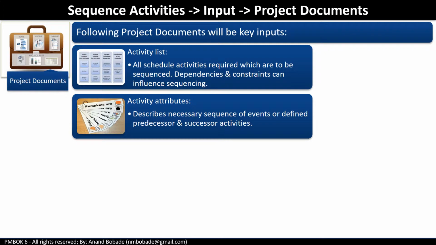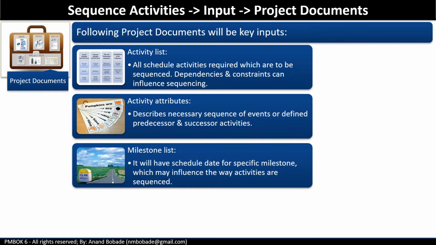This process gives you attributes like predecessor or successor and logical relationships between various activities. Milestone list. It will have a scheduled date for a specific milestone, which may influence the way activities are sequenced. So sometimes you have very fixed hard milestones which you cannot exceed.